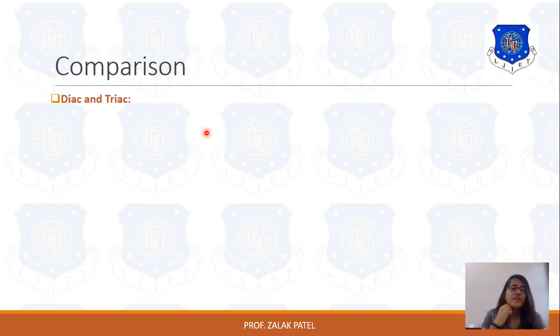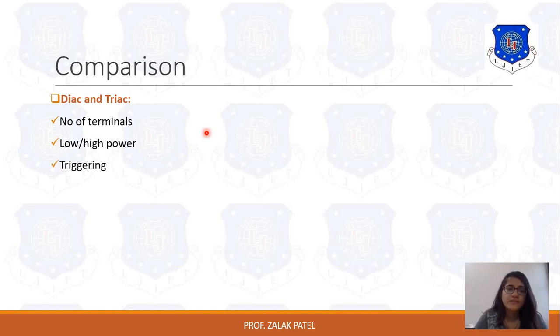Next comparison is between DIAC and TRIAC. DIAC is diode for alternating current, TRIAC is triode for alternating current. About the number of terminals: DIAC has two terminals without gate control, so it does not have three terminals, while TRIAC also has a gate terminal, so it has a total of 3 terminals. DIAC operates as a low power device, TRIAC is a high power device.